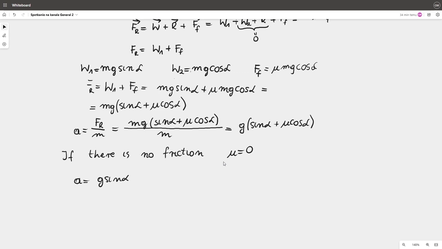If there is no friction, coefficient of friction equals 0 and acceleration equals g multiplied by sine of alpha.